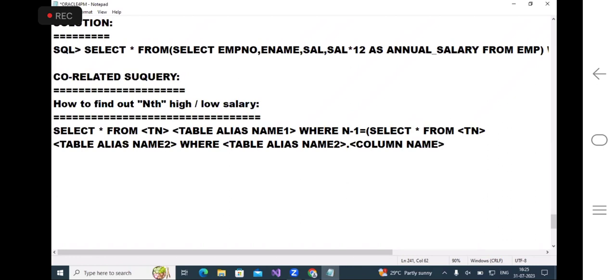here we can use either the less than or greater than symbol, then table alias name 1 dot column name).